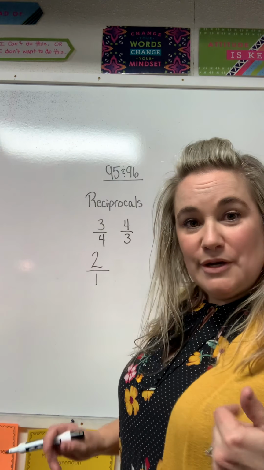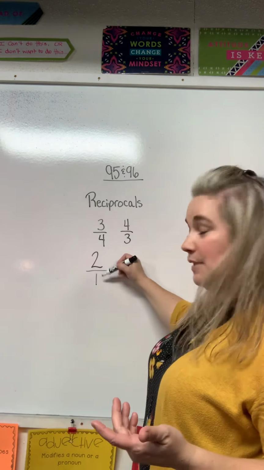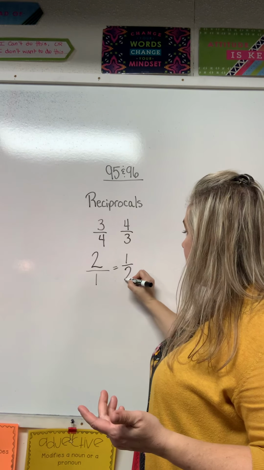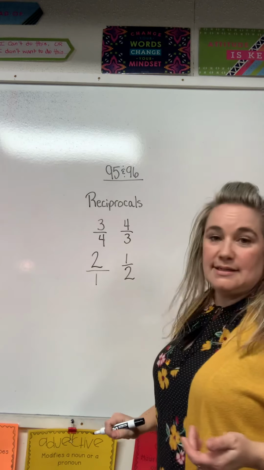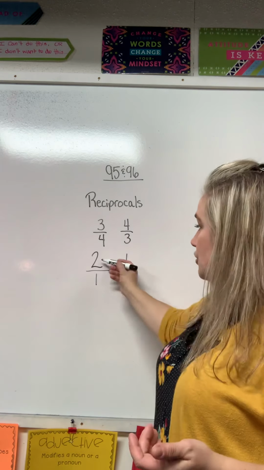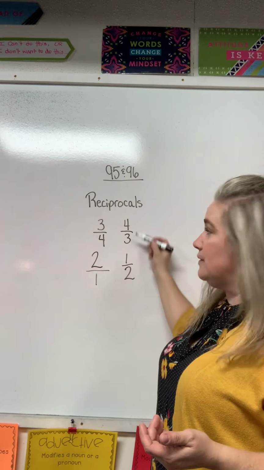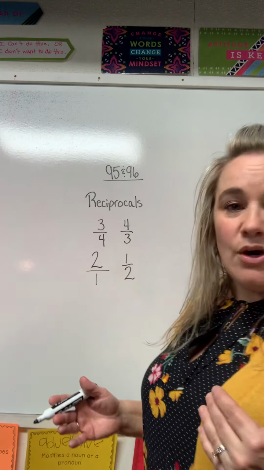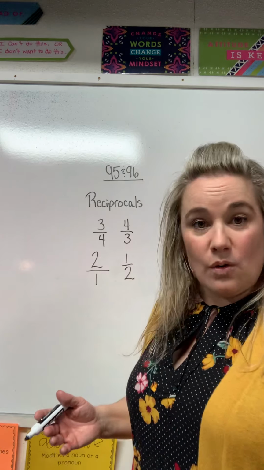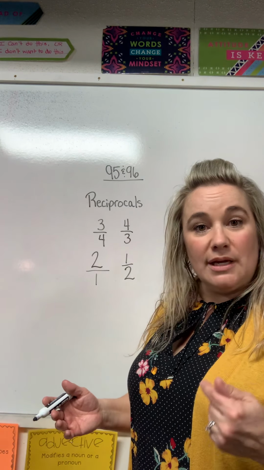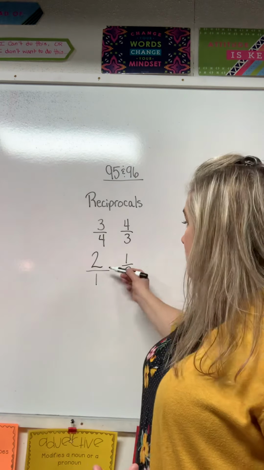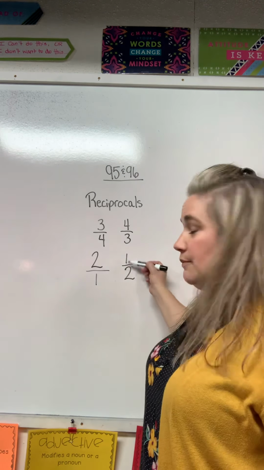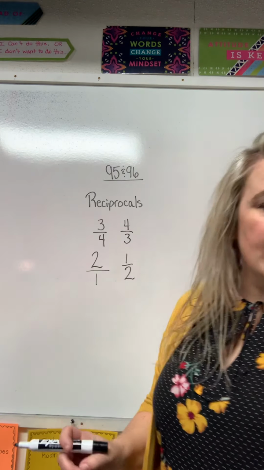All I have to do is flip those terms, invert this fraction, and my reciprocal is 1/2. 2 over 1 becomes 1/2. So remember, when you're making any whole number into a reciprocal, first make the whole number into a fraction by putting it over 1, and then you can flip your fraction, invert the terms to make its reciprocal.